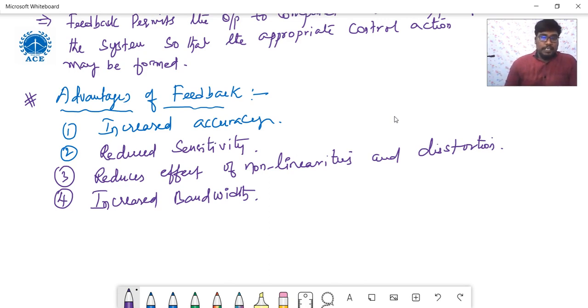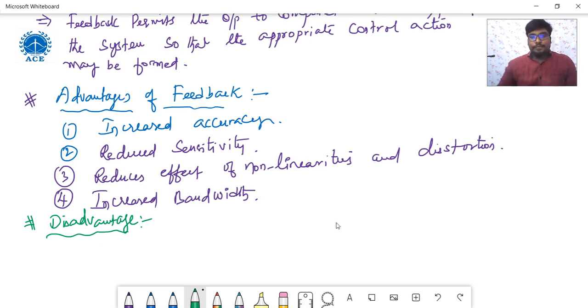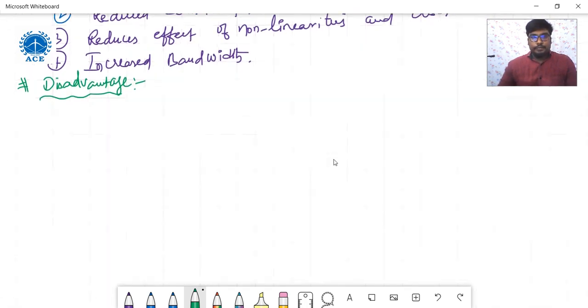Next is the disadvantage. So we'll see the disadvantages here. See here, whenever the feedback is not properly designed, then it will undergo oscillations. Therefore the system will lead to instability.